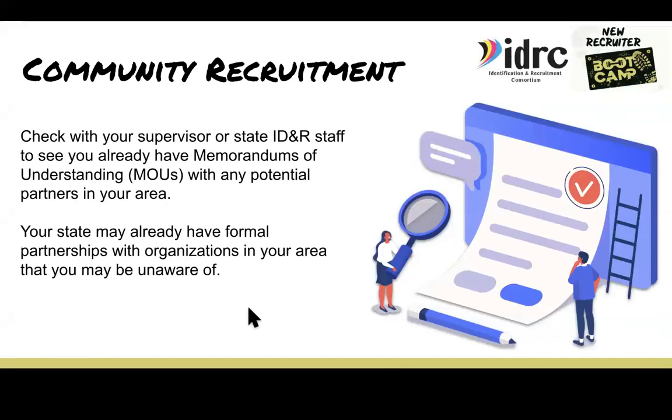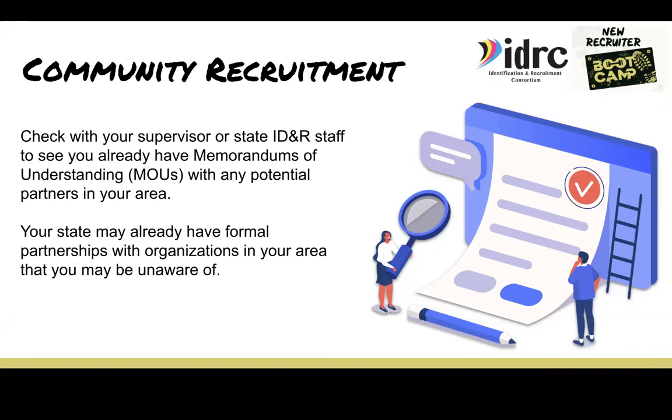It's a good idea too, when we're talking about recruiting out in the community, finding those partner organizations, you should know that your state might already have partnerships with organizations across the state. And so reach out to your supervisor or your state IDRC staff to see if there's already any memorandums of understanding or MOUs that they have with potential partners in your area.